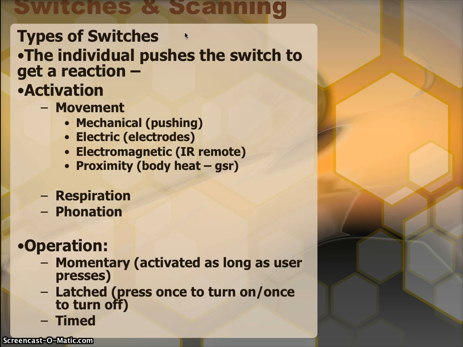We can also have ones that are built around phonation, around sound, so the switch will activate if a student makes a noise, and also stop if they make the same kind of noise, if it's loud enough and if our sensitivity on the switch is sufficient.